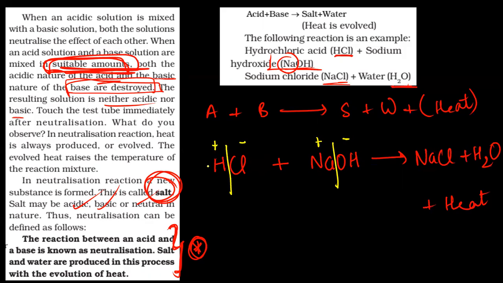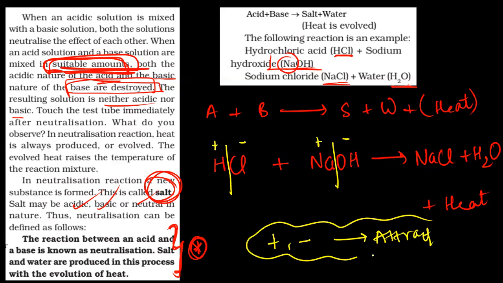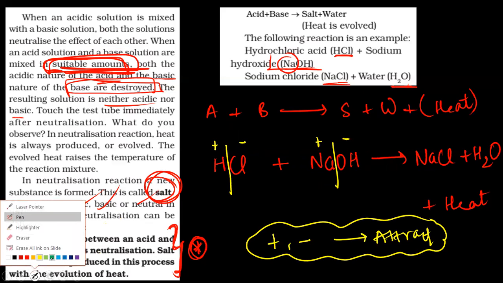Now, as you know, unlike charges attract. They are not exactly charges here, but if you learn it in this way, then you can remember. Unlike charges, positive and negative, they attract. This is one idea you know, right? Similarly, the positive and negative have already attracted. But when they react, I'm going to do a little bit of crisscross.